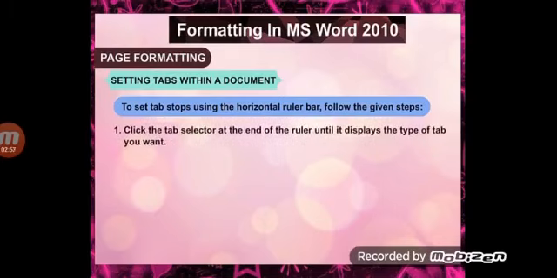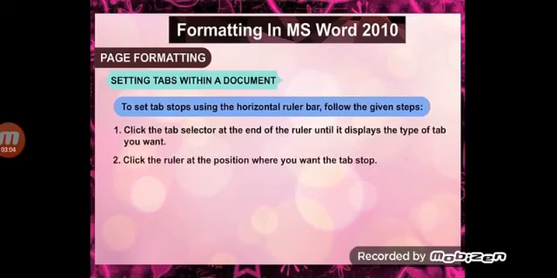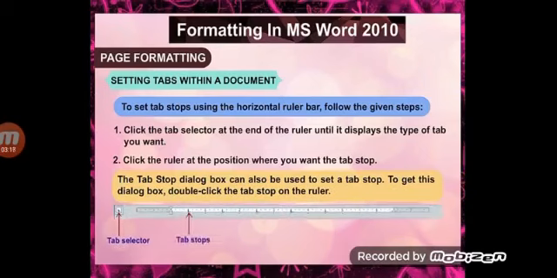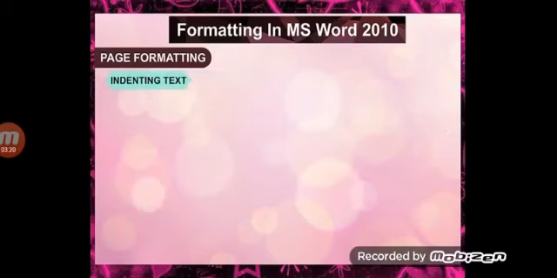Click the tab selector at the end of the ruler until it displays the type of tab you want. Click the ruler at the position where you want the tab stop. The Tab Stops dialog box can also be used to set a tab stop. To get this dialog box, double-click the tab stop on the ruler bar.